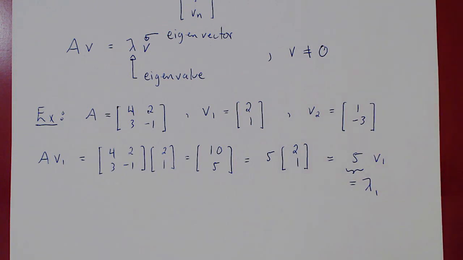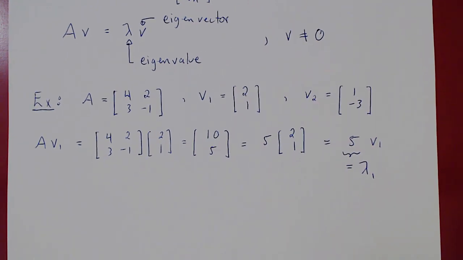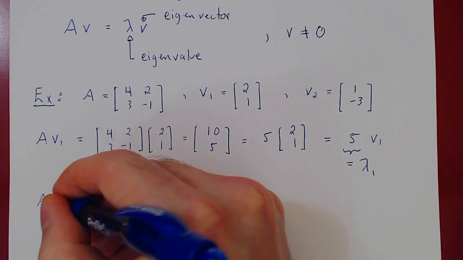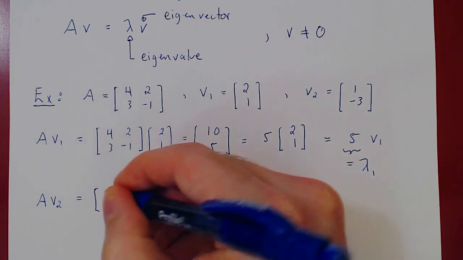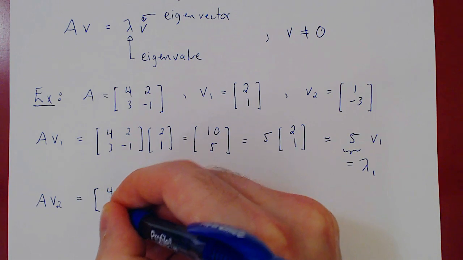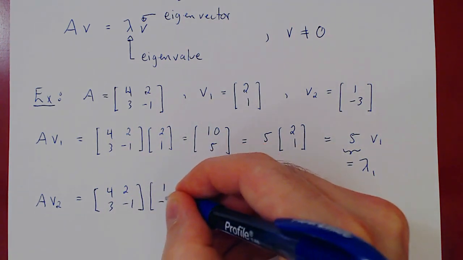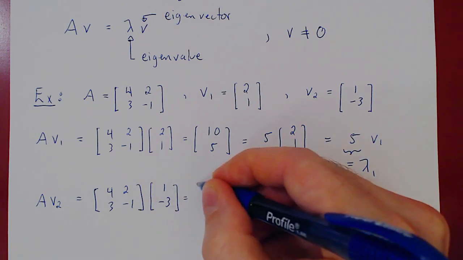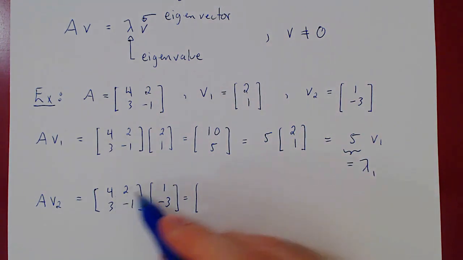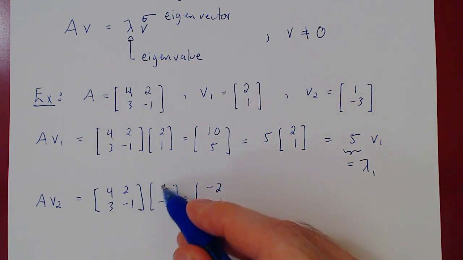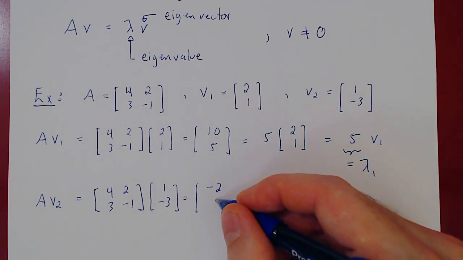Let's check V2 as well. Let's do A times V2. The matrix A again is 4, 2, 3, negative 1. V2 now is 1, negative 3. So what do we have? 4 minus 6, negative 2, 3 plus 3, positive 6.